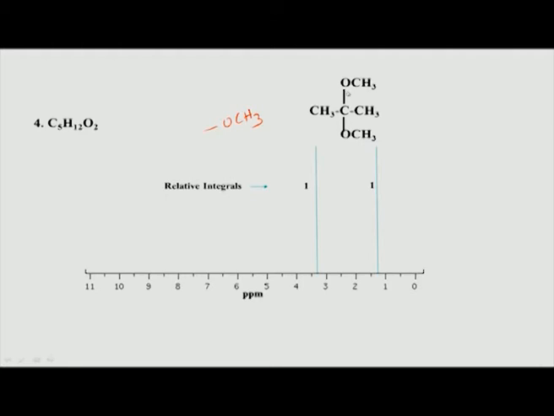You can see there are 2 methoxy groups and 2 isolated methyl groups, and this methyl is not coupled to this methyl because they are very far away. Similarly, this methyl is also equally far away. This is a very symmetrical structure, and because of the symmetry, these 2 methyls are equivalent, and together they correspond to this peak.